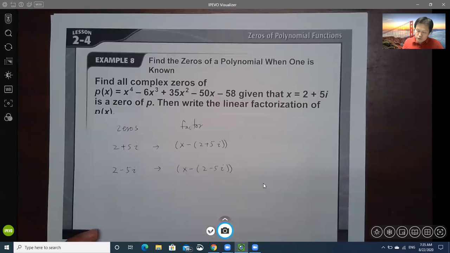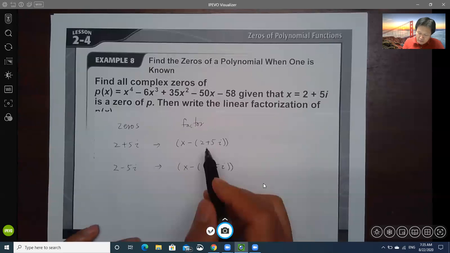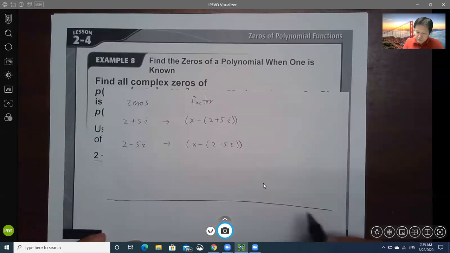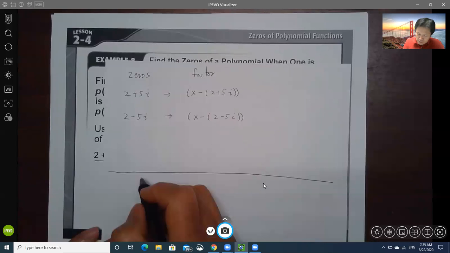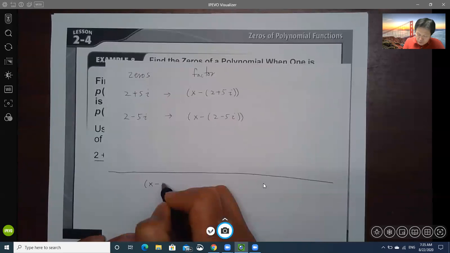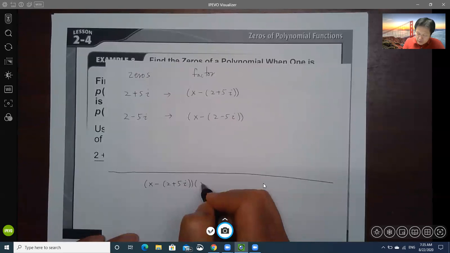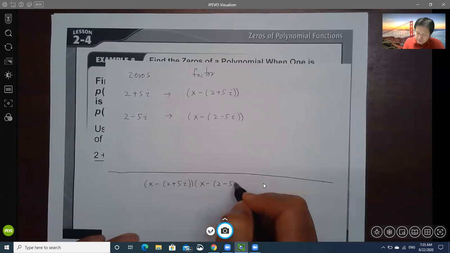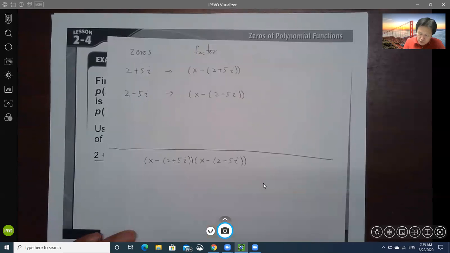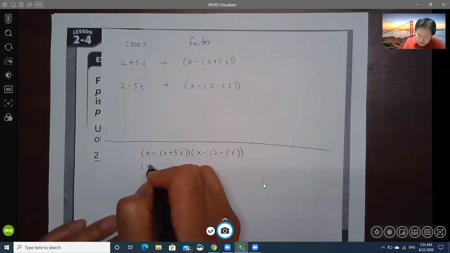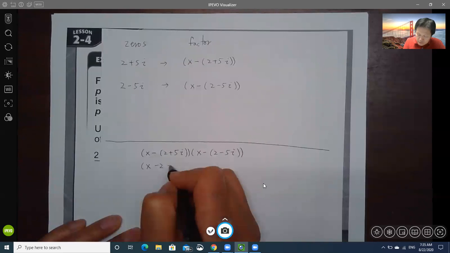So what I will do is distribute that. So I will distribute x minus 2 plus 5i, x minus 2 minus 5i.